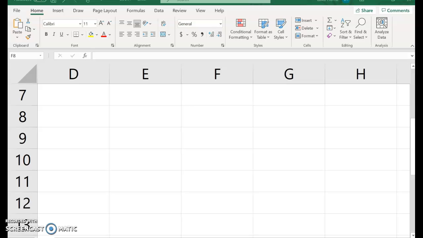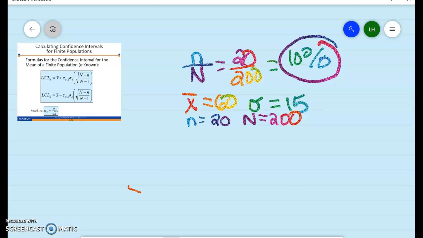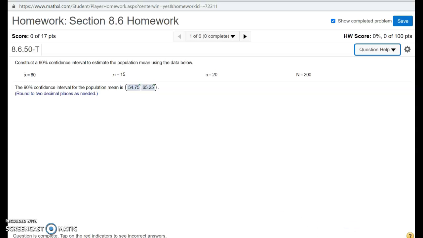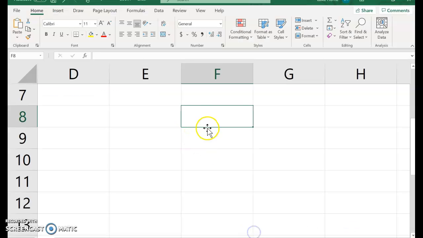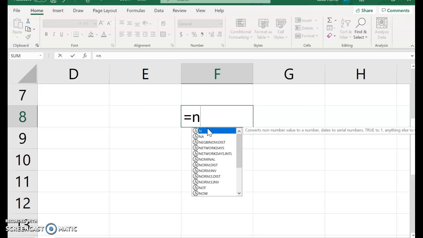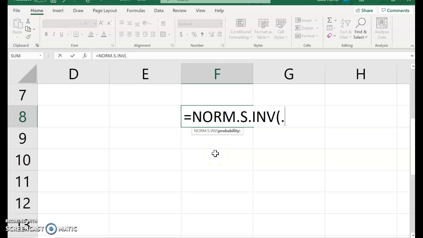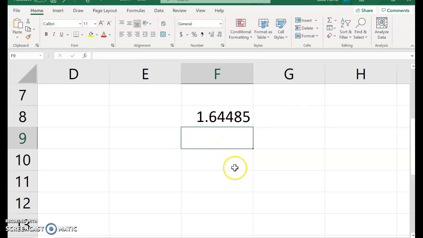So remember 90%, 5 over here and 5 over here. So we need 95%, which is going to be 0.95, and we're going to do the inverse. So our z value is 1.644.